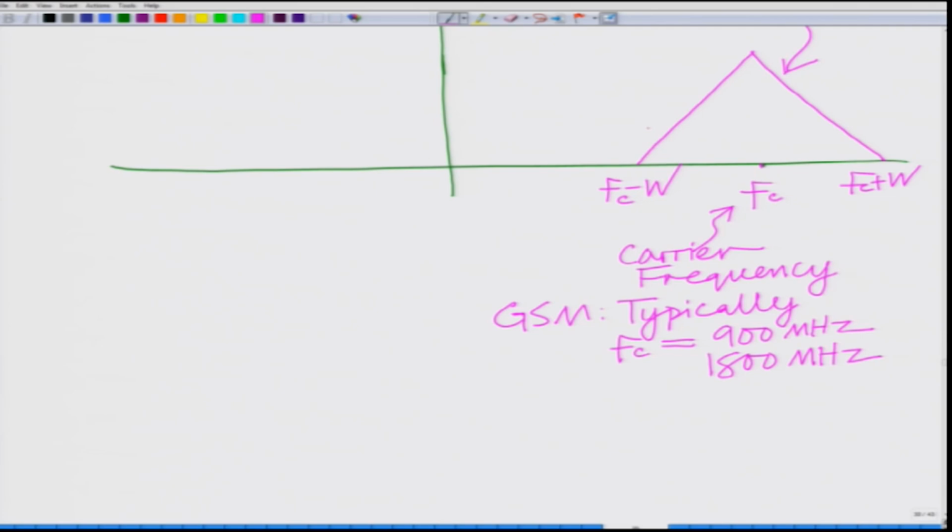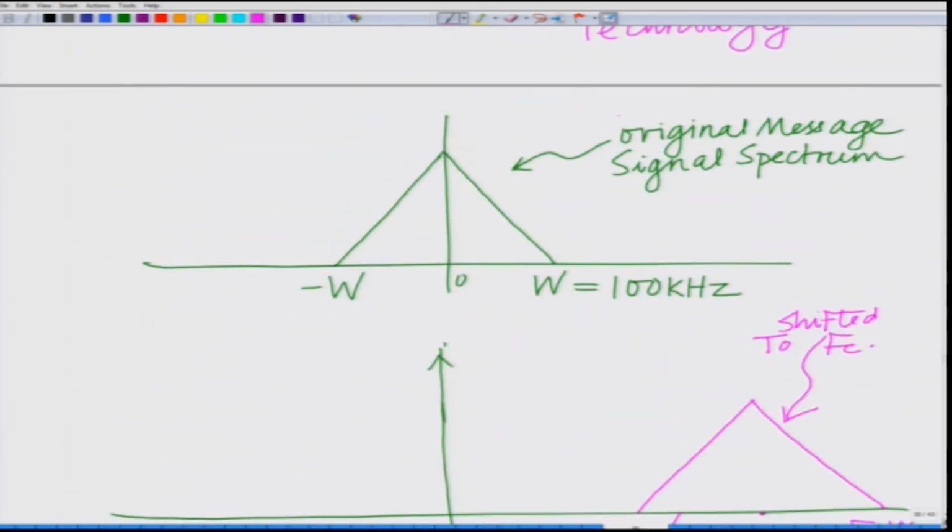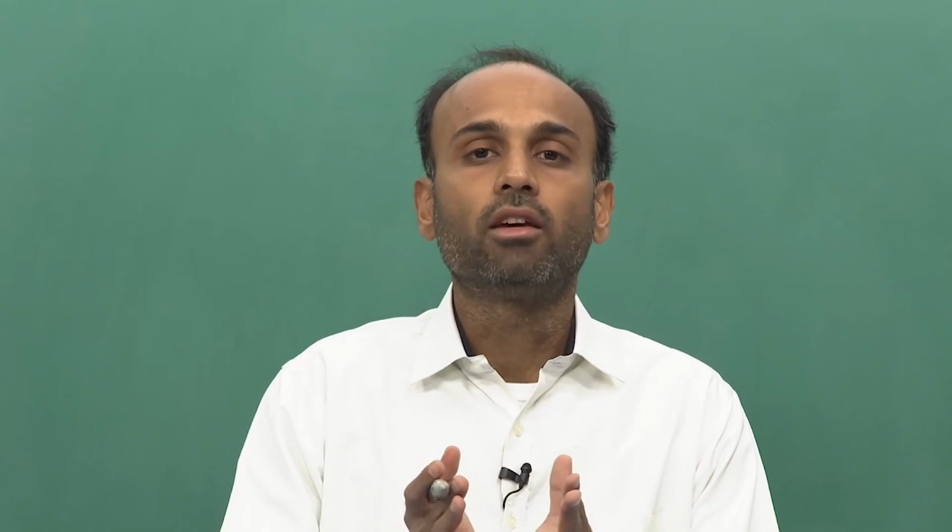So, what you are seeing here is that you have an original GSM message signal, which is of bandwidth 100 kilohertz, centered at frequency 0. Now, for the purpose of transmission, GSM employs a very high carrier frequency, which is 900 megahertz or typically around 1800 megahertz.